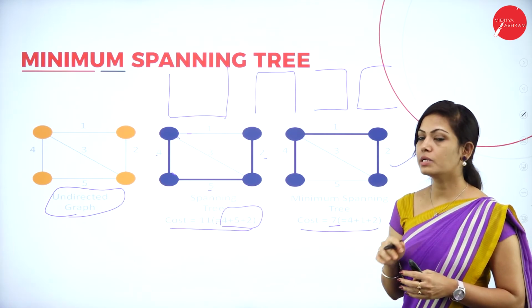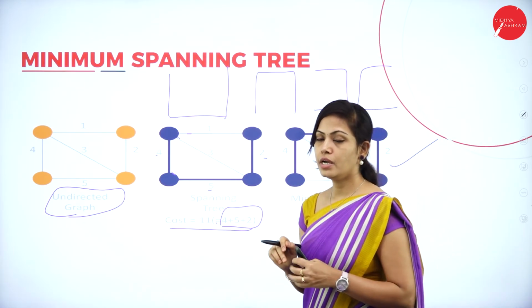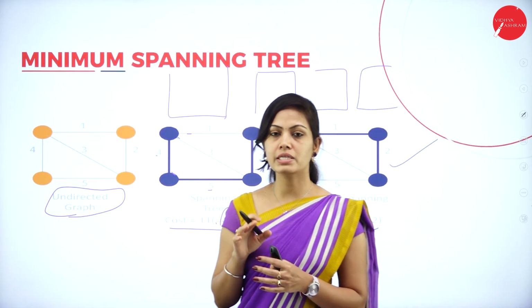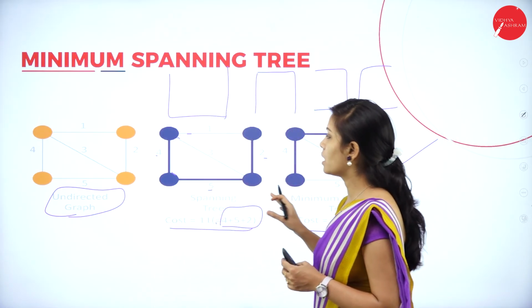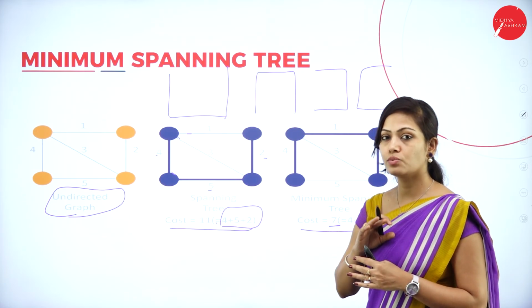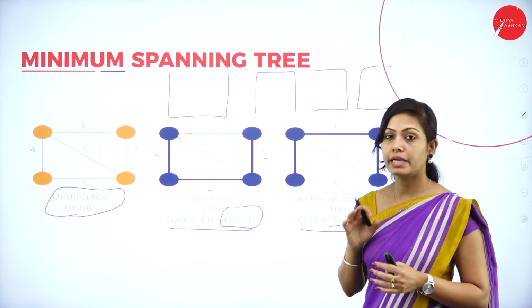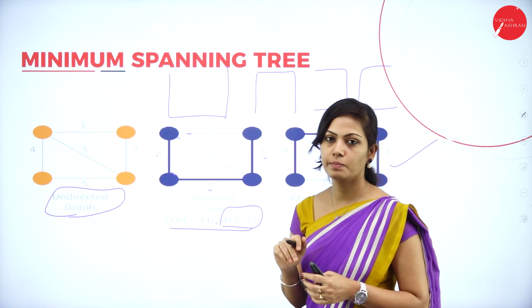It is a very simple concept, trees and graphs. Please don't skip any topics in graphs and trees. You can easily score complete marks in graph theory because graph theory and trees are very simple concepts. Clear?